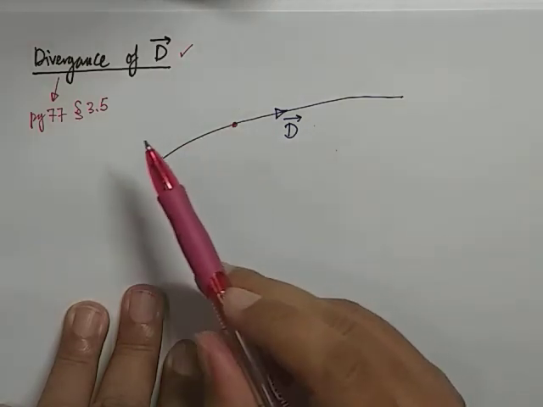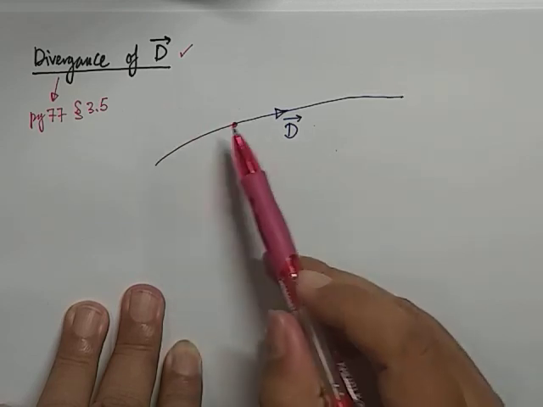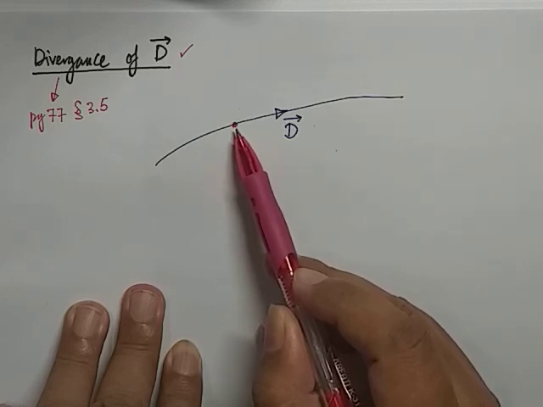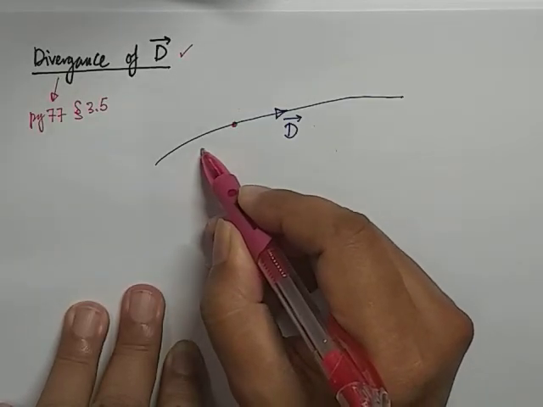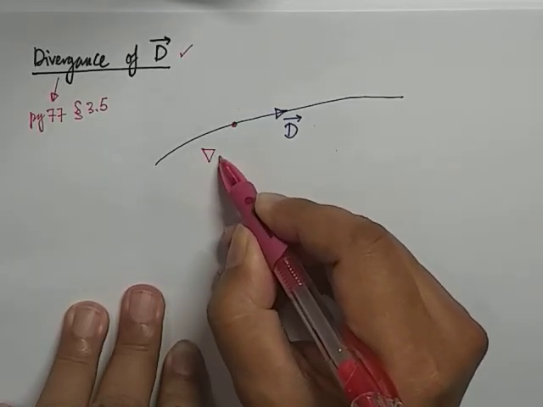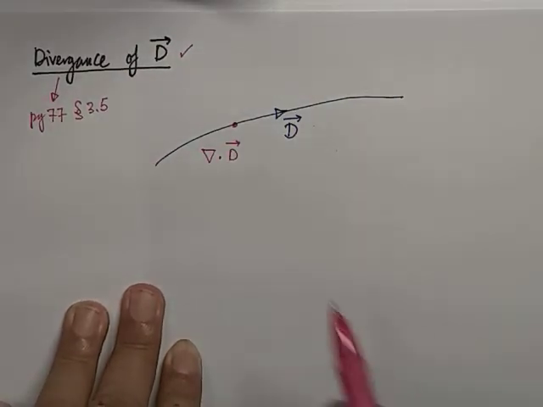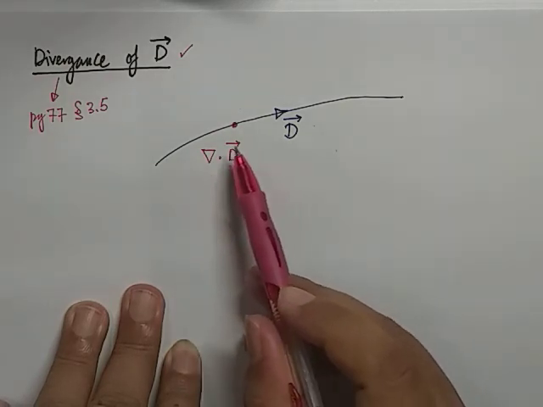Okay, so what we're going to talk about now is the application of the divergence model, such that we want to understand what happens to the field D when we use the divergence model in this analysis. That intention can be presented in a mathematical equation given by this symbol. Divergence of D is presented by this mathematical equation. Whenever you see this symbol, it represents the model known as the divergence model.